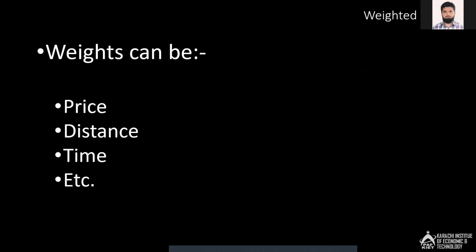So the weights can be anything from price, distance, time, etc. It can be the bandwidth in a graph of internet connections, or it can just be anything. It's just the cost or the penalty that you have to pay to traverse that edge. So the lower the penalty, the lower the cost, and the higher the penalty, the higher the cost.